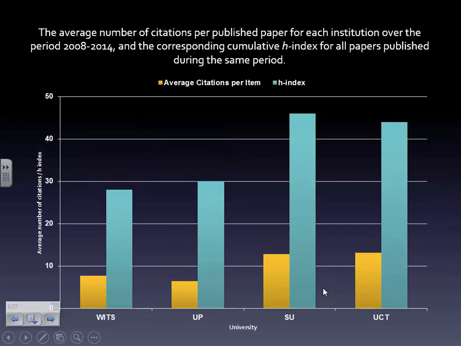And indeed, because we publish in high impact journals, the H index for the Department of Botany and Zoology at Stellenbosch University is the highest among the 4 top universities countrywide for only papers published between 2008 and 2014. Because you want to limit the time frame, it doesn't help to go back 50 years.